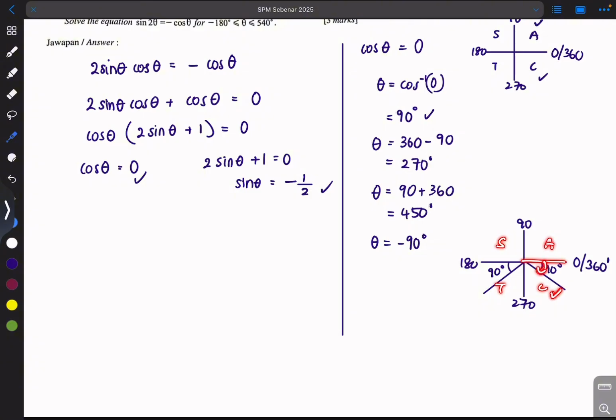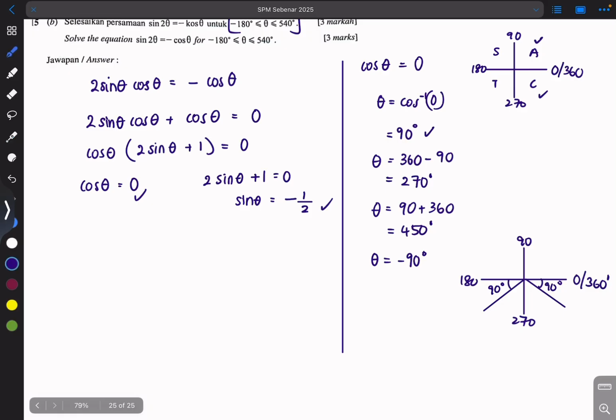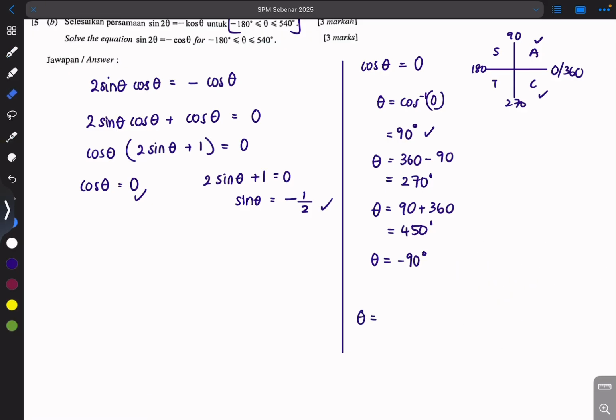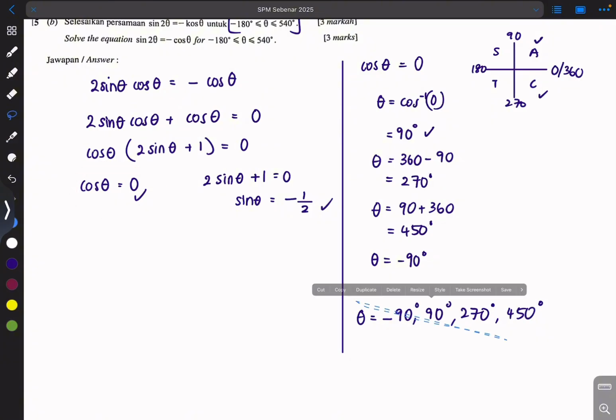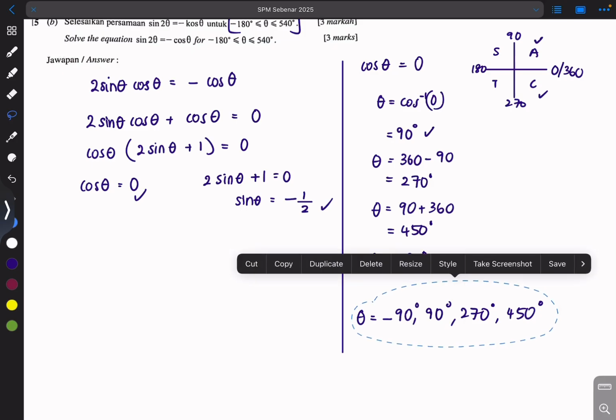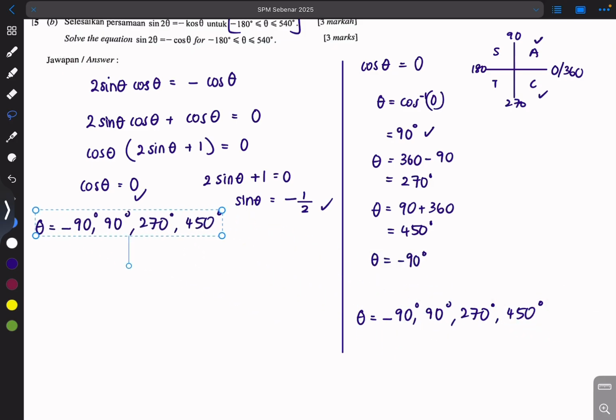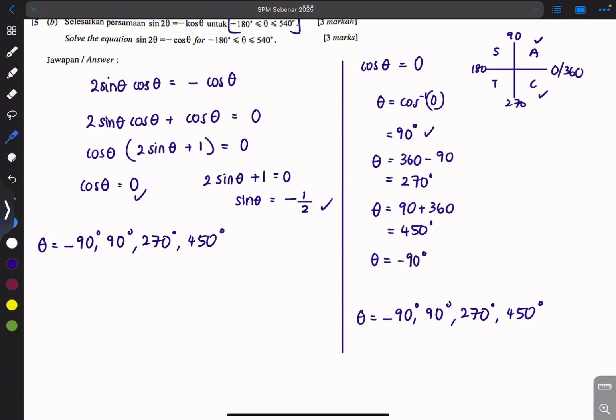So we just take 90, but since opposite direction, we put negative. So for cos, our theta's value would be negative 90, 90, 270, and 450. Okay, this is just for cos theta. So this is just the answer for the first part.